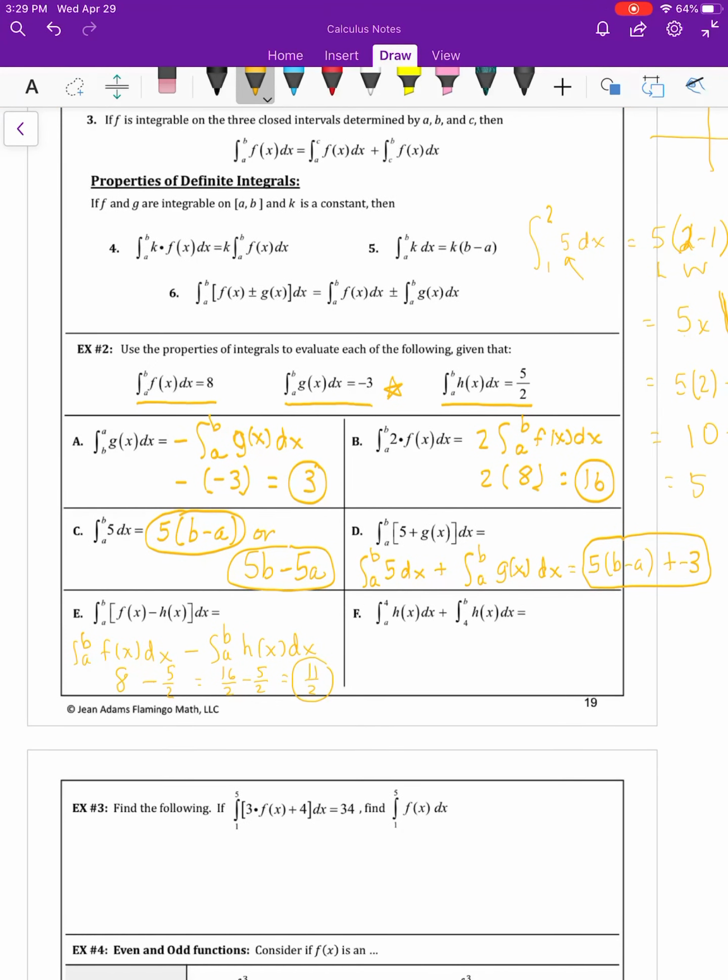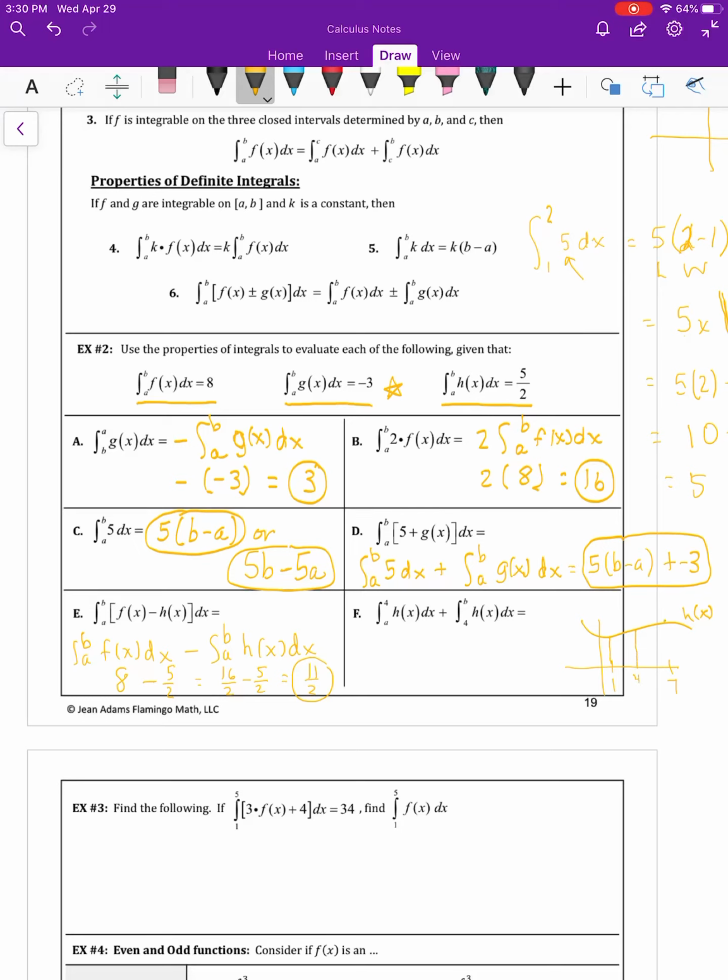And then f, we have the integral from a to 4 of h of x dx plus the integral from 4 to b of h of x dx. So this one, it's almost like, pretend your a was 1 and your b was 7 or something like that. And let's say this is my h of x.